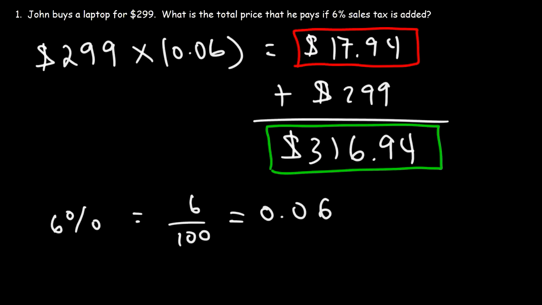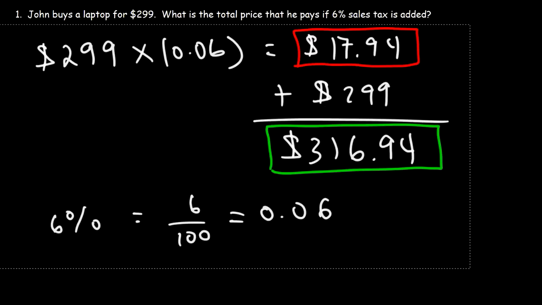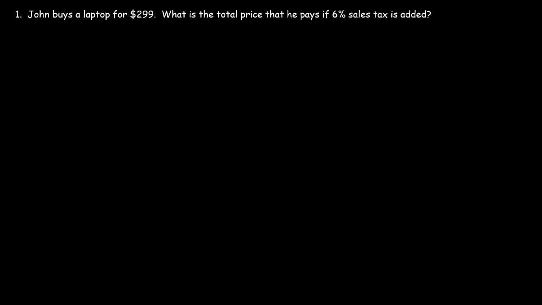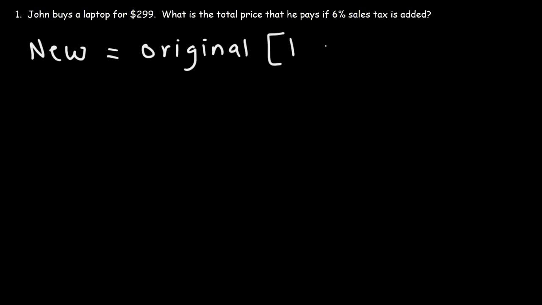And let me give you the formula, because this formula will help you to solve more complex problems, as you'll see shortly in this video. The new price is equal to the original price multiplied by 1 plus or minus r.